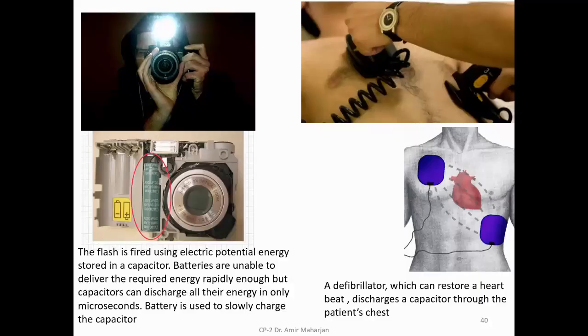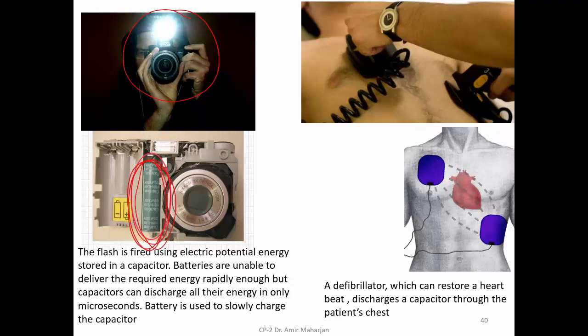This quick discharge capacity of a capacitor has many applications, just like the camera flash system, right? You have to dump the electrical energy in the form of light energy within a fraction of a second. And this is the capacitor shown here.